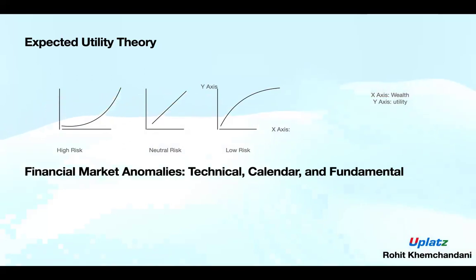The predominant ones among these were Markowitz's portfolio theory and the capital asset pricing model. So it was two theories and one model which were developed, and these helped to establish the groundwork of standard finance theories.